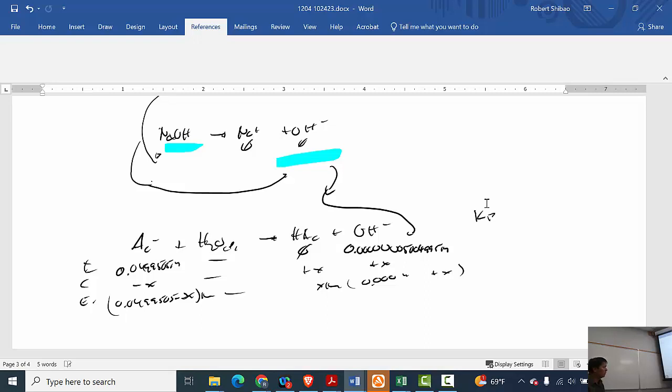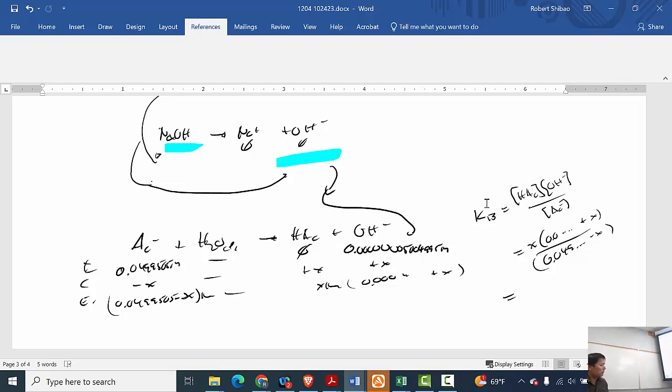So the Kb for this is going to equal x times 0.0 dot dot dot plus x, over 0.049 dot dot dot minus x. I can try the simplifying assumption.